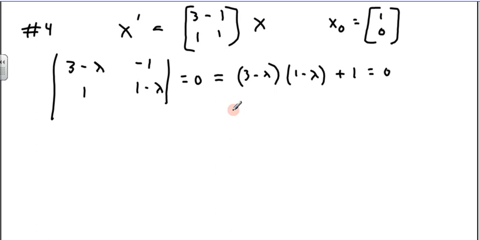And so I get lambda squared minus 4 lambda plus 4 is 0. And I get my lambda as 2 and 2.